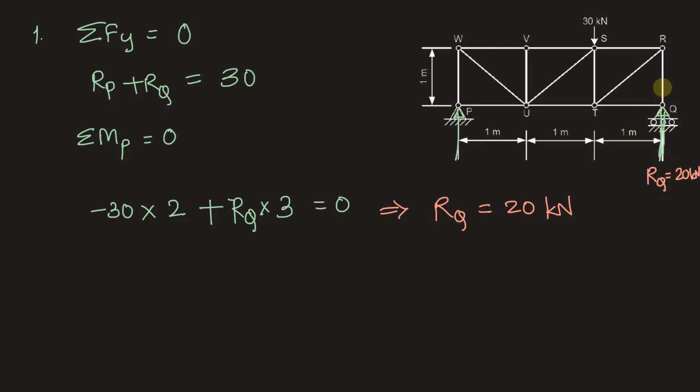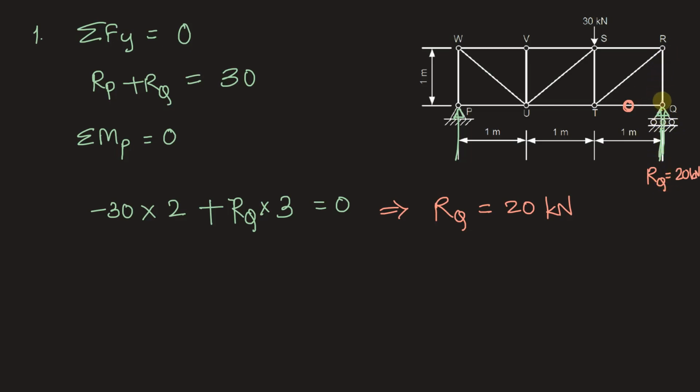At this particular joint Q, there are two perfectly vertical forces opposing each other. So the force in RQ will be equal to the reaction RQ, and the horizontal member TQ will have a 0 force. So TQ being a 0 force member, RQ will have the force equal to reaction RQ.